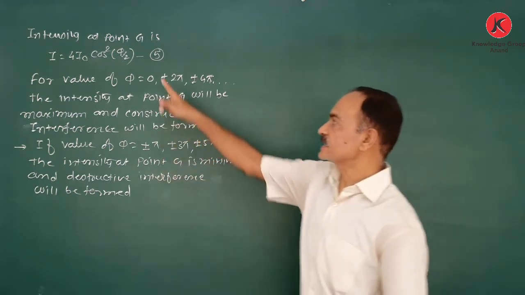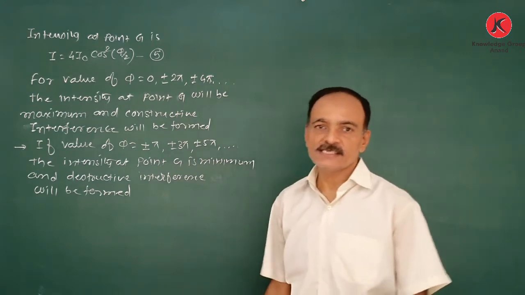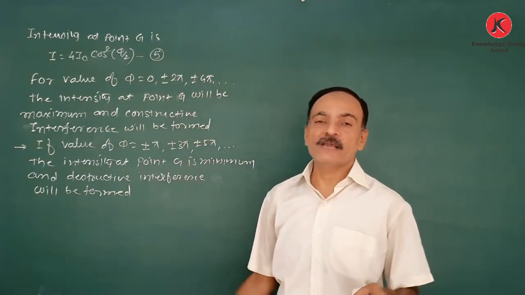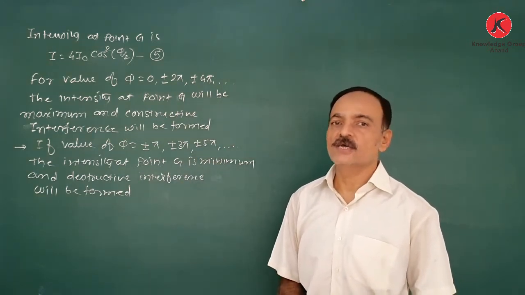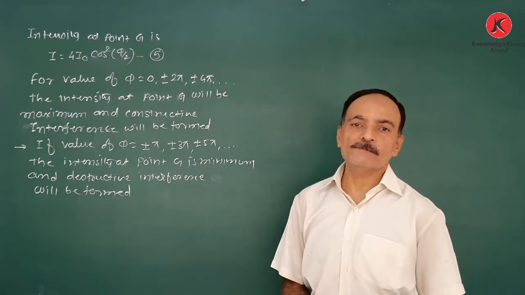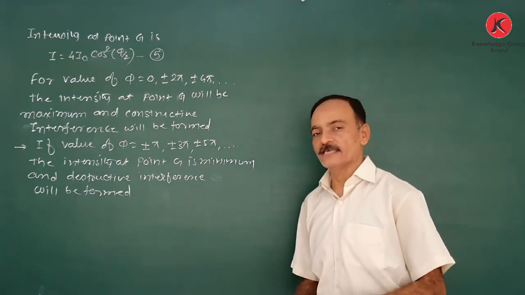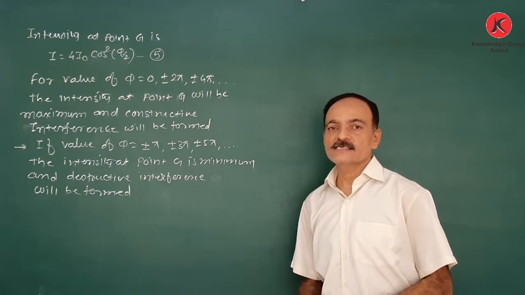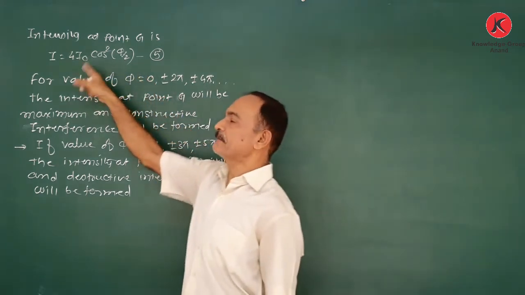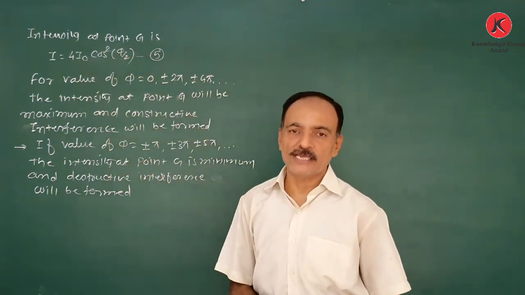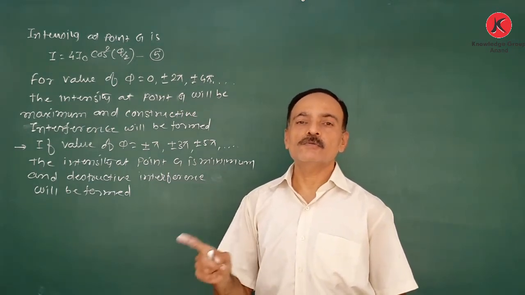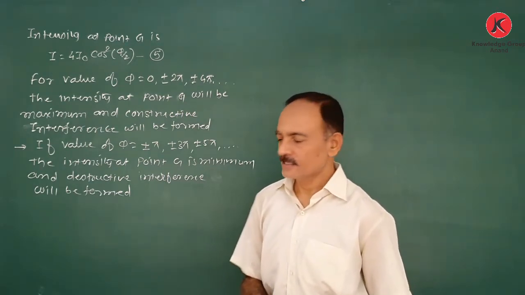Okay. So that is the equation of intensity at point G. At this point, the phase difference between the two waves originating from the two different sources S1 and S2 is phi. So in short, the intensity depends on the phase difference at this point between the two waves. Clear? Okay.